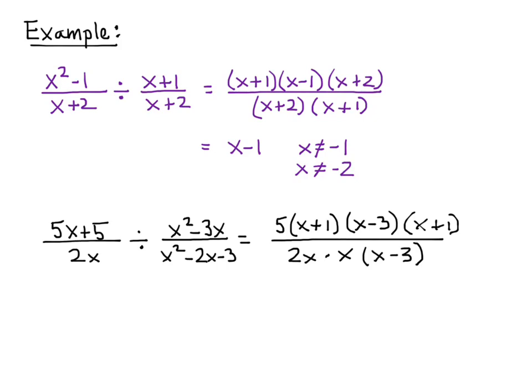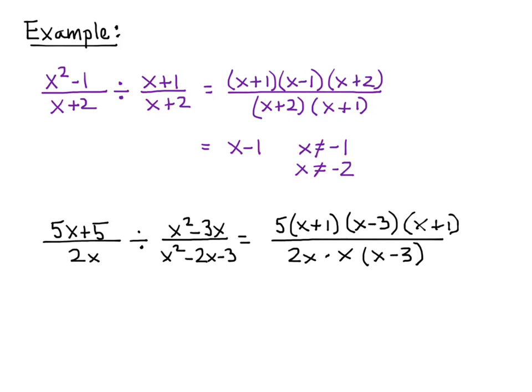And then I'm multiplying that by x squared minus 2x minus 3, factored out as x minus 3 and x plus 1. So that comes from the denominator over here. And then I'm going to take this x squared minus 3x and factor out an x, and so I get in the denominator x times x minus 3. And then, of course, that 2x comes from the first term originally.